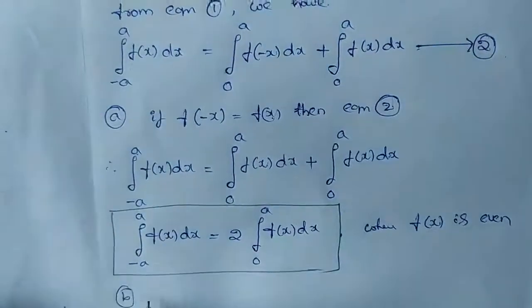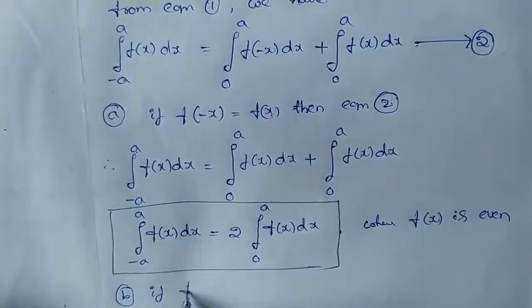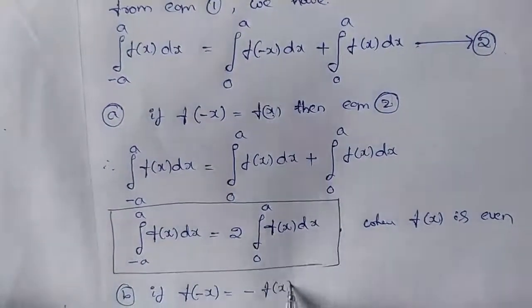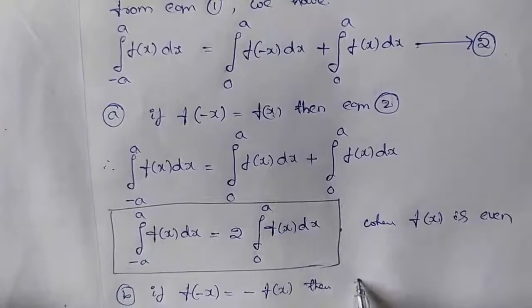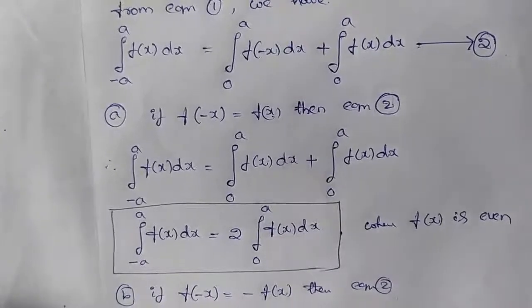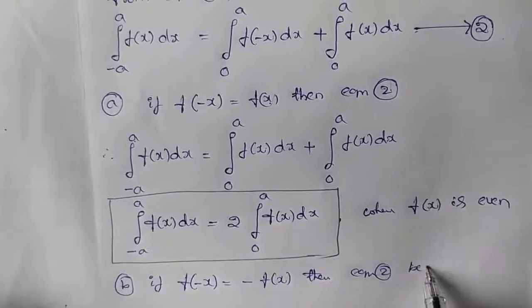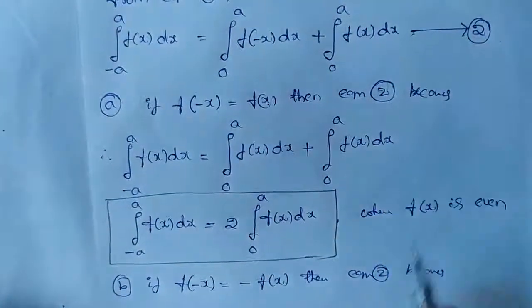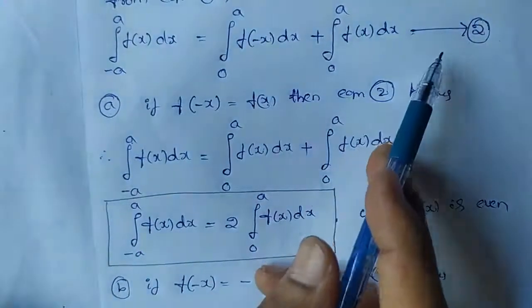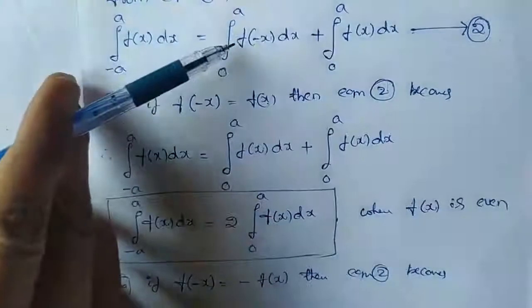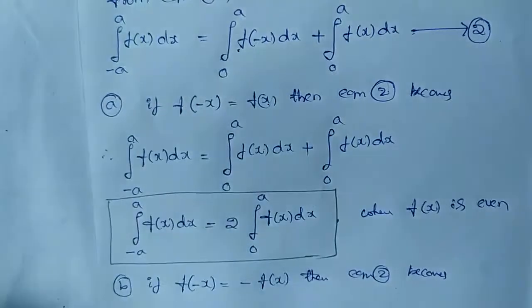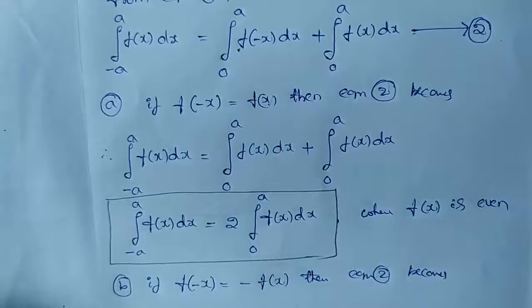Again, if f of minus x equals minus f of x, then equation 2 becomes the following. See equation number 2: let us put minus f of x in place of f of minus x. Then what will happen?